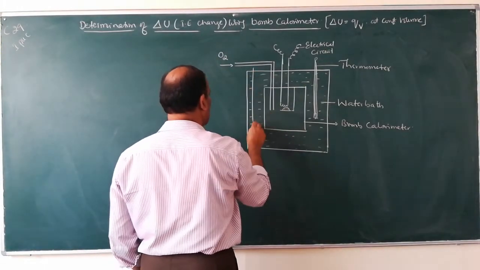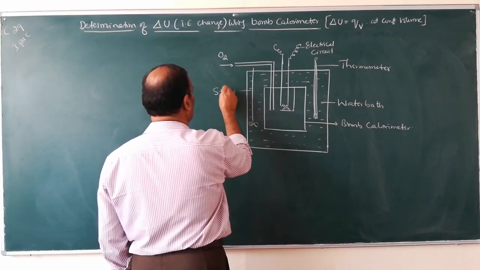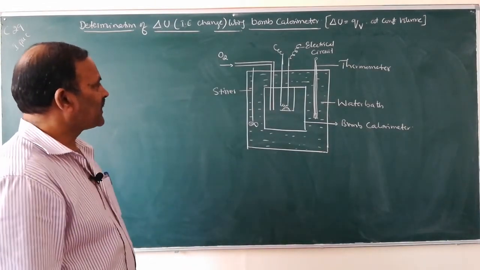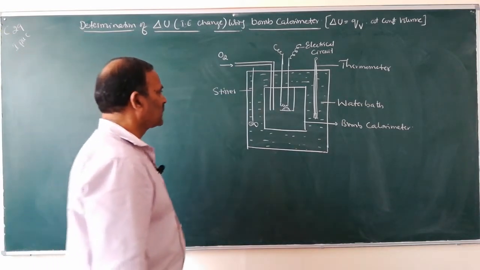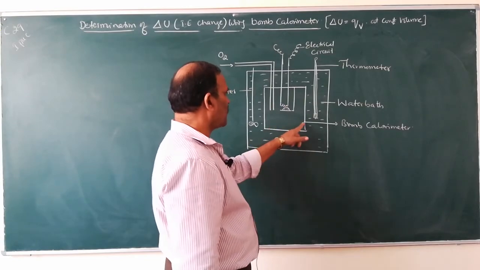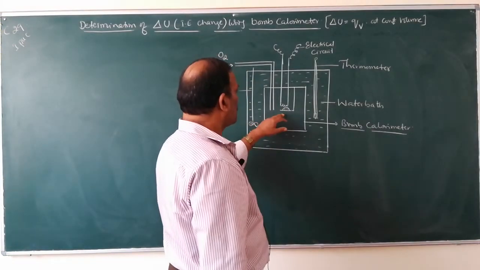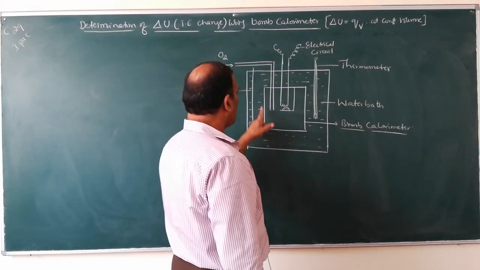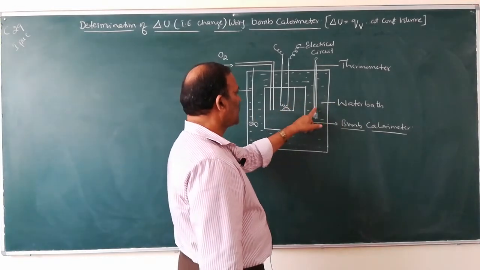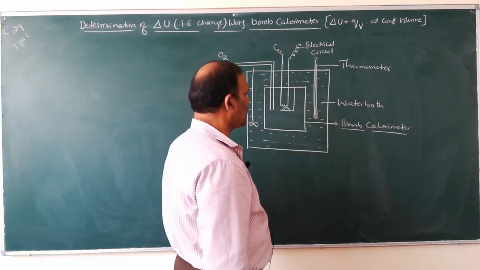And here is a stirrer. So this is the schematic representation of bomb calorimeter. This is a steel vessel which is called bomb calorimeter. This bomb calorimeter is surrounded by the water bath. So the temperature of this water can be measured using this thermometer.